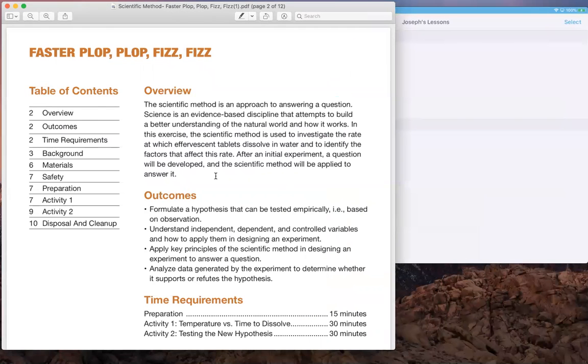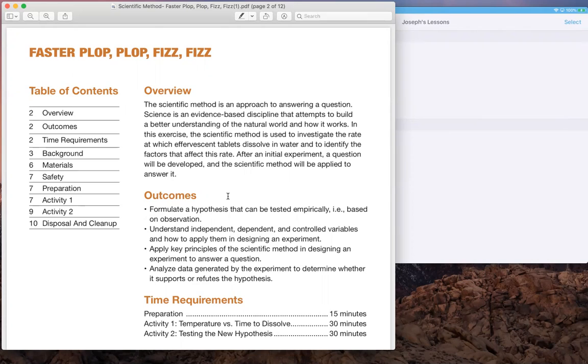So let's see. What we're going to do is look at the questions and be able to state the scientific method in relation to the experiment, that is investigating the rate of dissolution of an antacid tablet, all right?